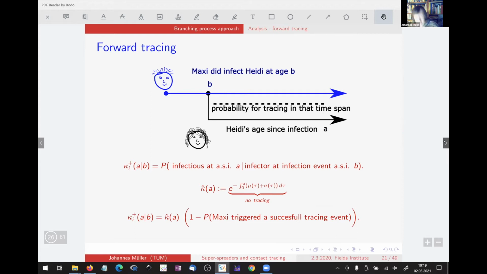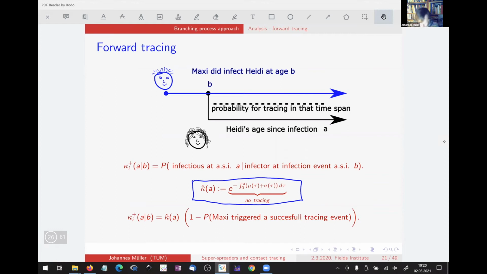How can we get this conditional probability? First of all, we introduce kappa hat, which is the survival probability without tracing. If we take the tracing probability P to 0, no tracing at all, then for all individuals the survival probability kappa hat is just e to the power of minus the integral from 0 to A of the removal rate, dA.